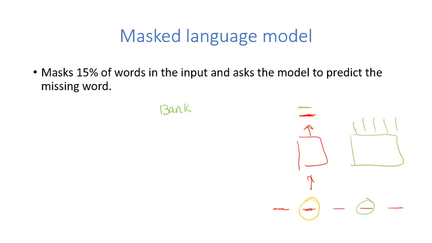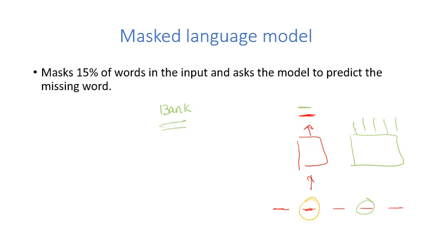Sometimes I'm talking about the bank of a river. Sometimes I'm talking about the bank that I go to cash my check in, right? So they have different meanings, but in word2vec, there is one single representation for this word.